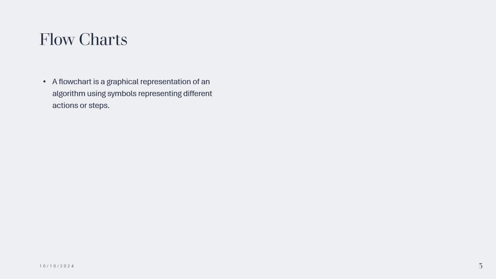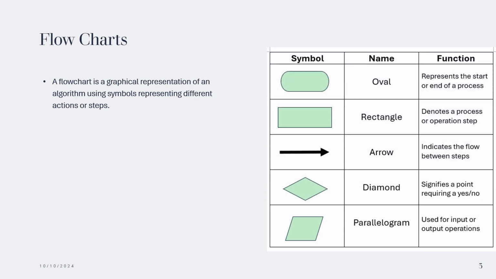If we take a look at the definition, a flowchart is a graphical representation of an algorithm using symbols representing different actions or steps. When we are drawing or creating flowcharts, there are some standard symbols. So let's see first what they are.